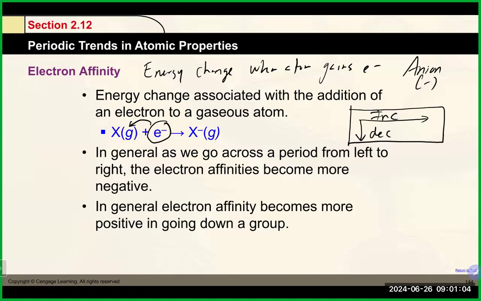For example, if you look at the energy change for the halogens, as you go up in group 7, it will start to increase, but then it'll come back down and decrease. So it's not a perfect trend, but the general overall trend is up and to the right in terms of the energy change that occurs when they gain electrons. You will see it increasing more negatively in terms of the energy as it goes up and to the right.